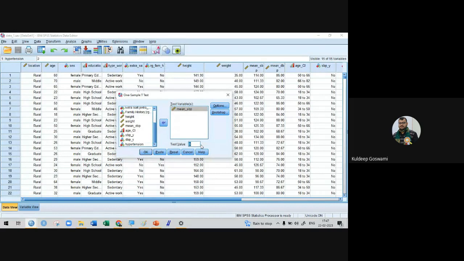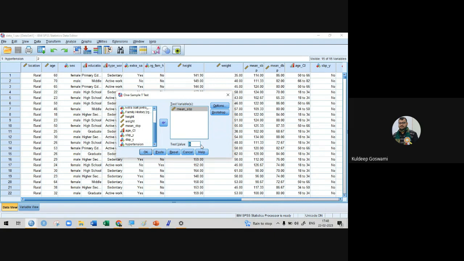There is a range of 120 to 139, and in medical language, a person with 120 to 139 systolic blood pressure is said to be a pre-hypertensive patient, meaning there is some probability of having hypertension in the near future.